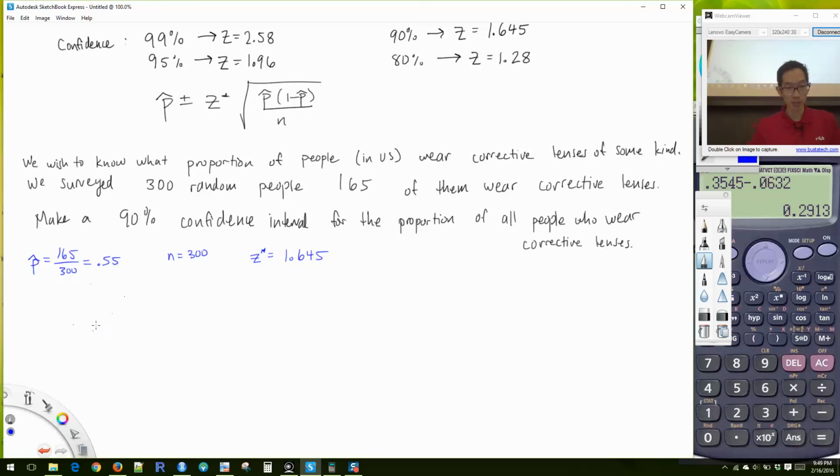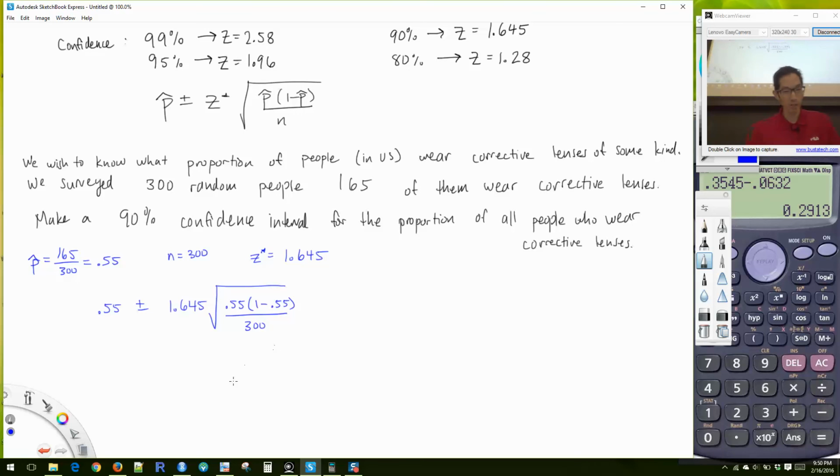So I'm going to plug in all of these numbers. p hat is 0.55 plus or minus z star 1.645 times the square root of p hat 0.55 times 1 minus 0.55 divided by 300. You could punch all of this into your calculator in one go, do the plus side and then the minus side.